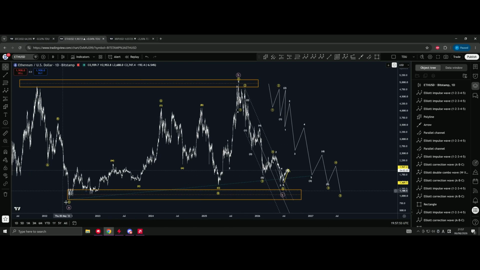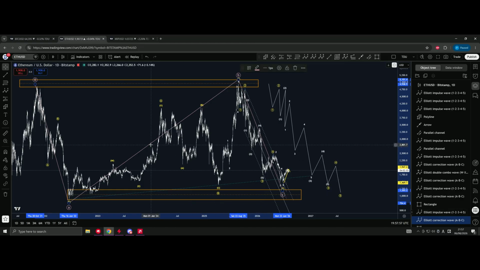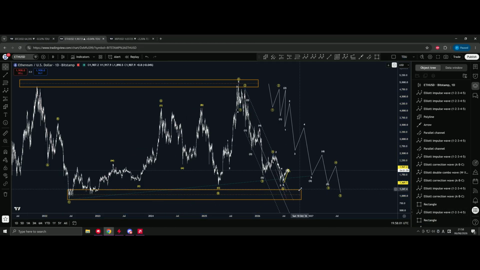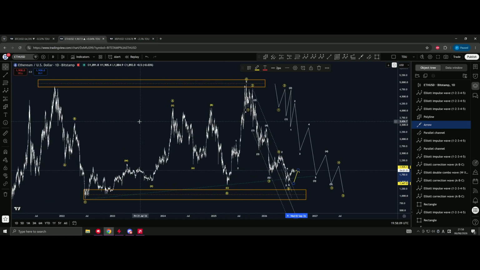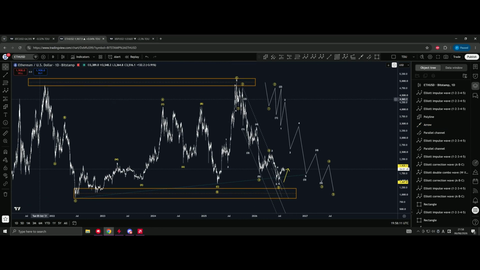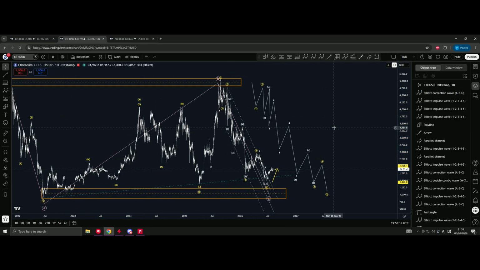Anyway, what I have now is a big flat. And this big flat I programmed to come here. But now this little guy is showing life, which brought me back to, okay, just quickly, a flat is A, B, C, right? 3, 3, 5.